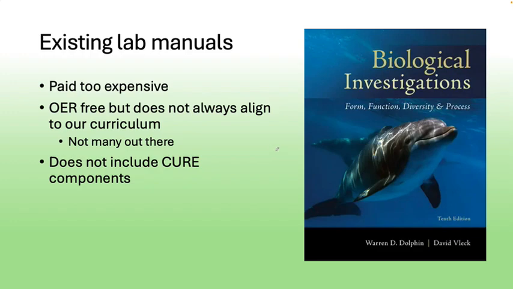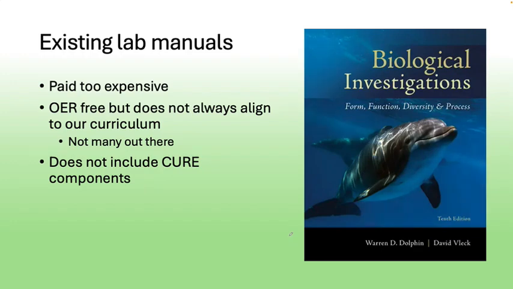So moving on to the lab manual, in the BS 2411 course, we used to use this Dolphin lab manual that was published by McGraw-Hill that students would pay over $100 for, and they always complained that it was very expensive.